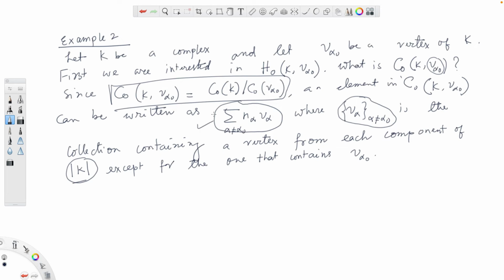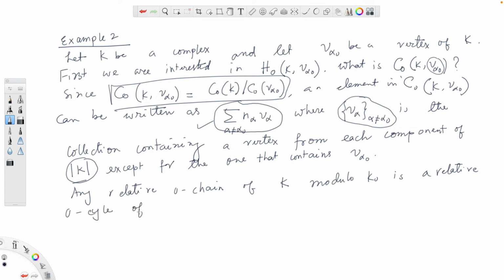Okay, good. Now any relative zero chain of K modulo K0 is a relative zero cycle, right?